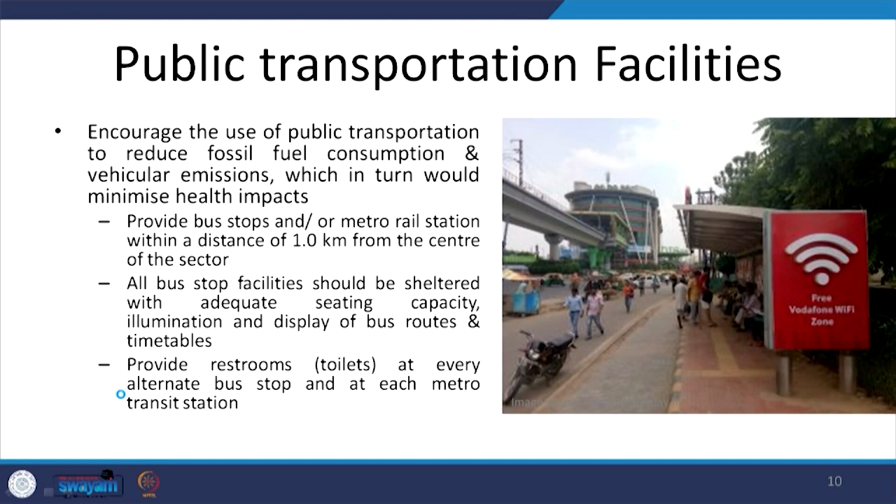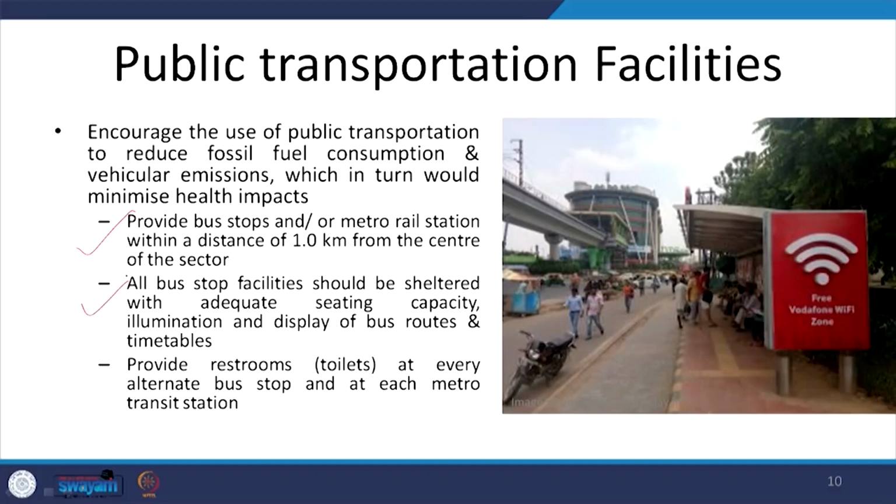For example, if we do not have a bus stop in the vicinity, then providing a bus stop within a distance of 1 kilometer from the center of the sector. Now, this is at a policy level, a sector development level or a city development level. When we are talking about a large development, we may need to provide for public transportation within the site itself, so provision of bus stops on the site itself.